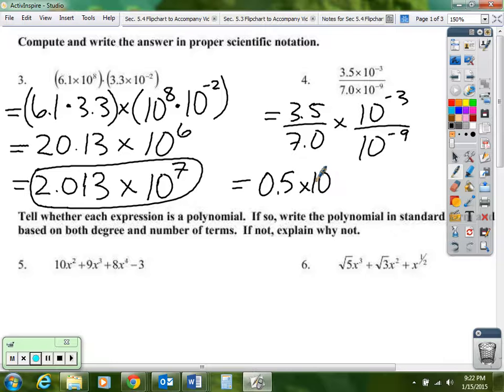So it's negative 3 plus 9 is positive 6. Again, this is not in proper scientific notation. We must move the decimal point one place to the right, giving us 5.0 times 10 to the, since we move the decimal point one place to the right, we must reduce our exponent by 1, thus giving us 10 to the 5th. 5.0 times 10 to the 5th, this is our final answer.